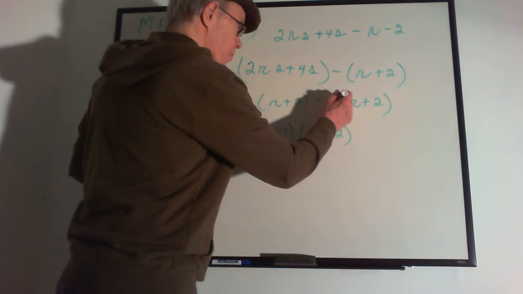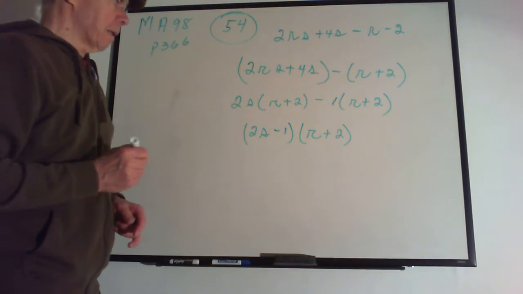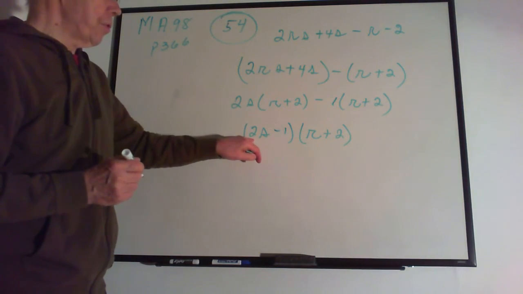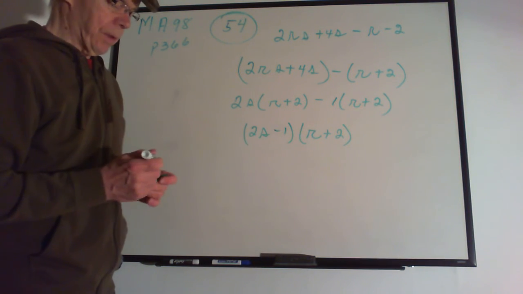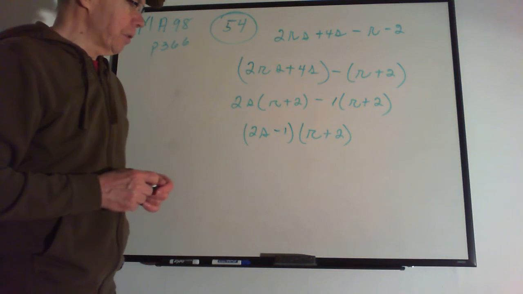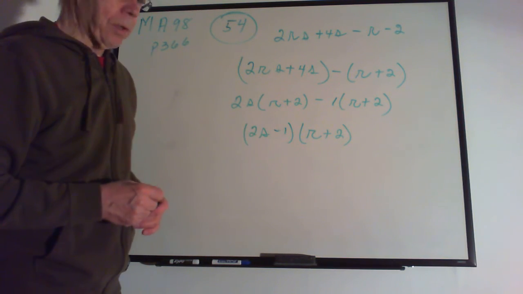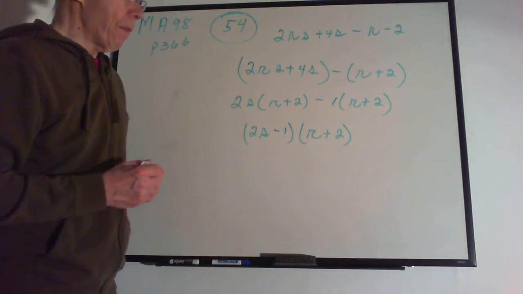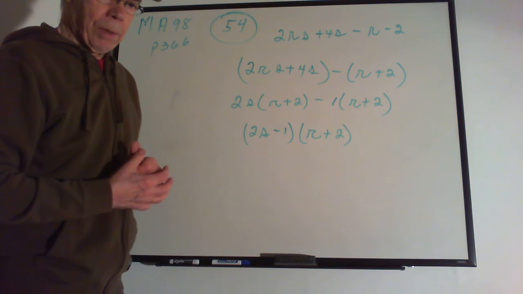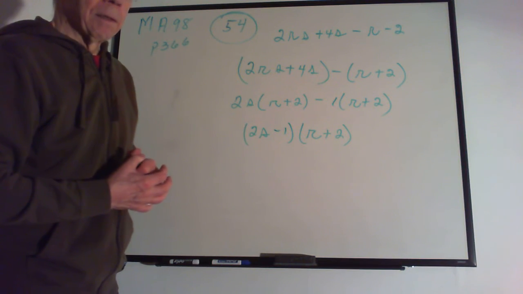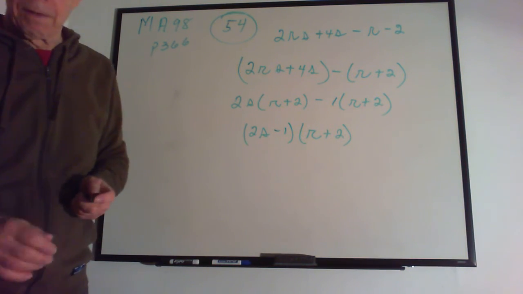Don't forget there's a 1 here. All right, so that becomes (2s minus 1) is the first term, (r plus 2) is the second term. What I would suggest you do is multiply it out. If you don't have that minus 1 there, you're not going to get what you started with. Give it a try. It will help etch into your brain the process.